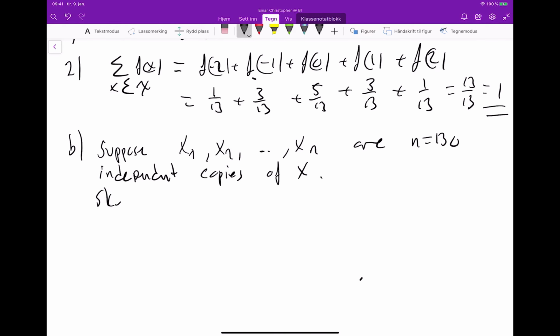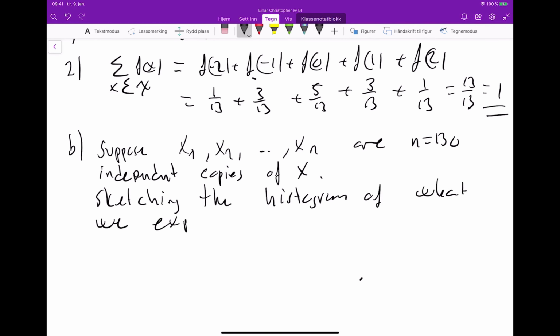Sketch the histogram of what we expect. Expect it to look like.